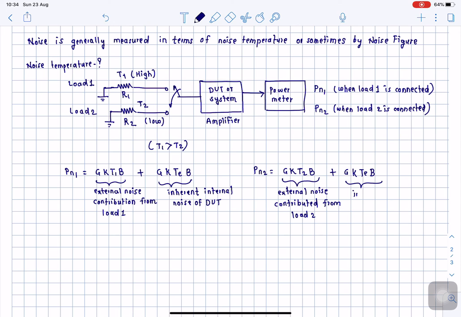This is the inherent internal noise of the device under test.